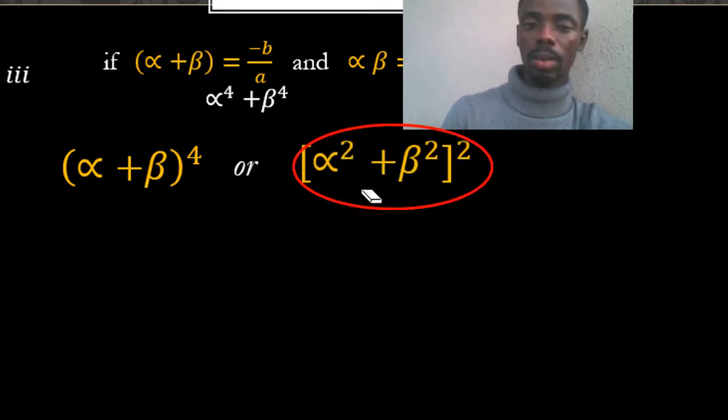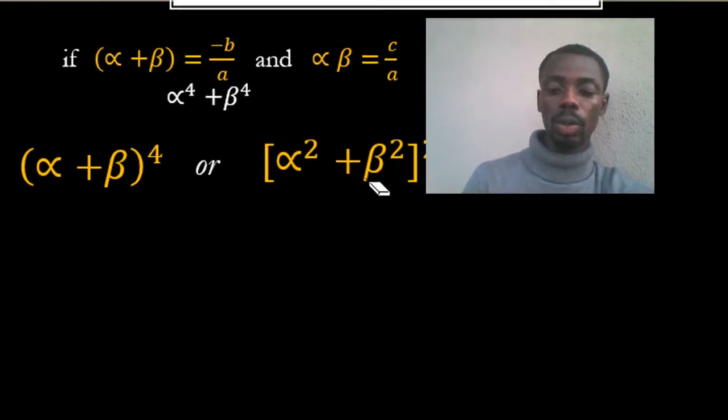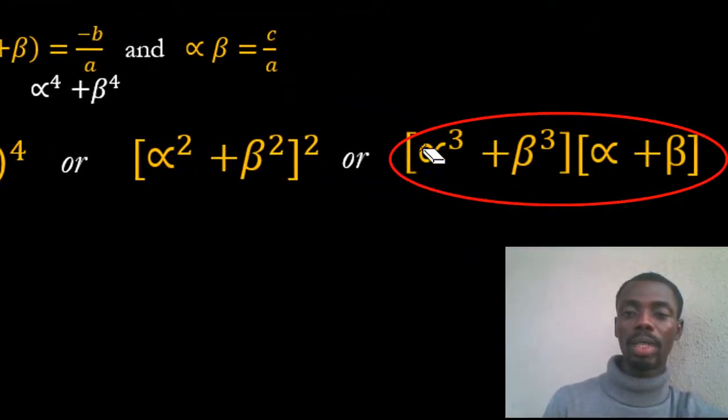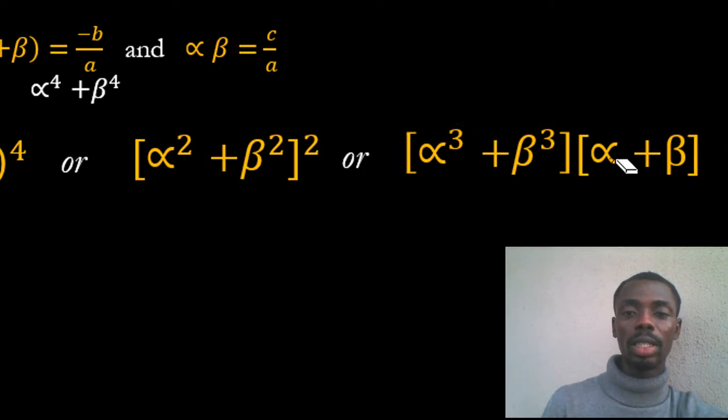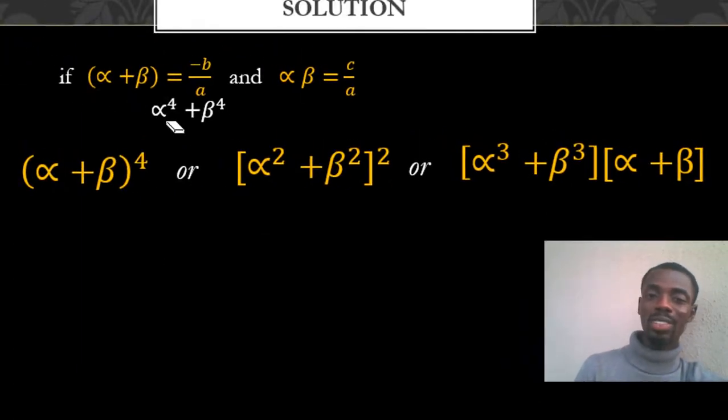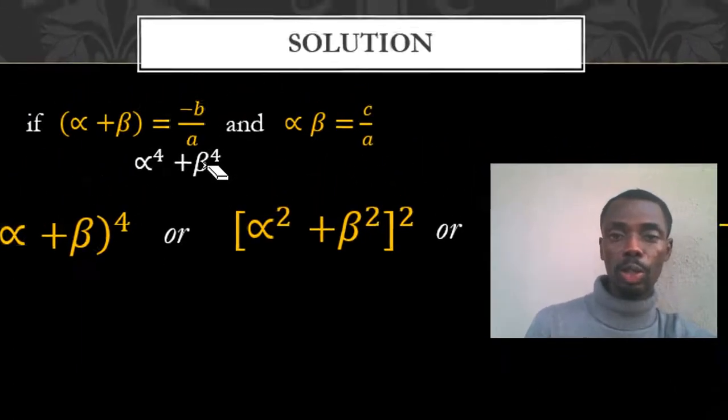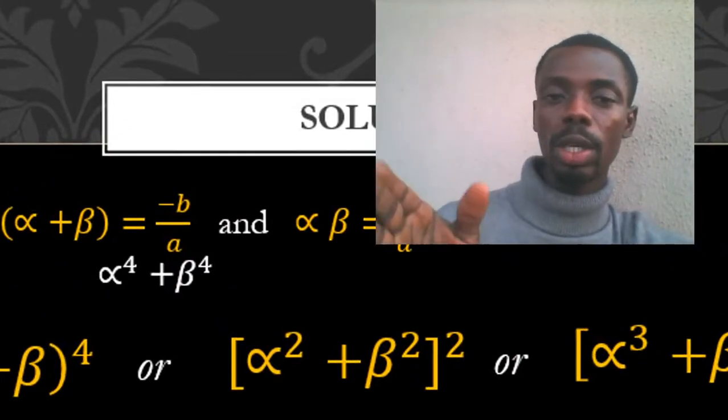The next one is making an expansion of alpha squared plus beta squared, everything squared, and alpha raised to the power of 3 plus beta raised to the power of 3 multiplying alpha plus beta. By the time you're done with the expansion, you're going to have alpha raised to the power of 4 plus beta raised to the power of 4 as your first and your last term respectively.